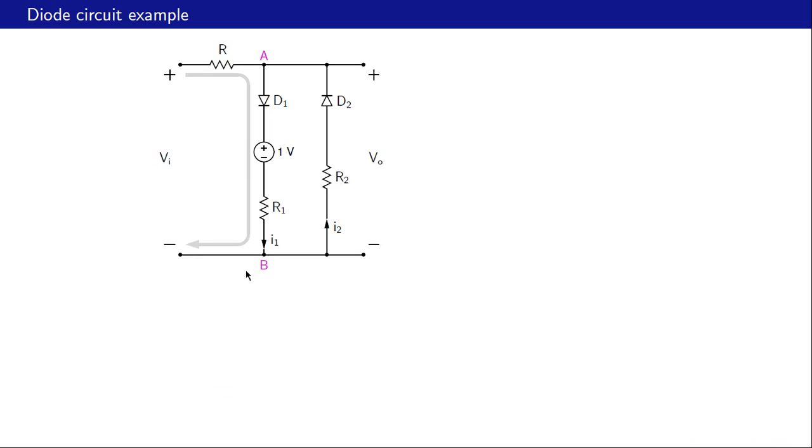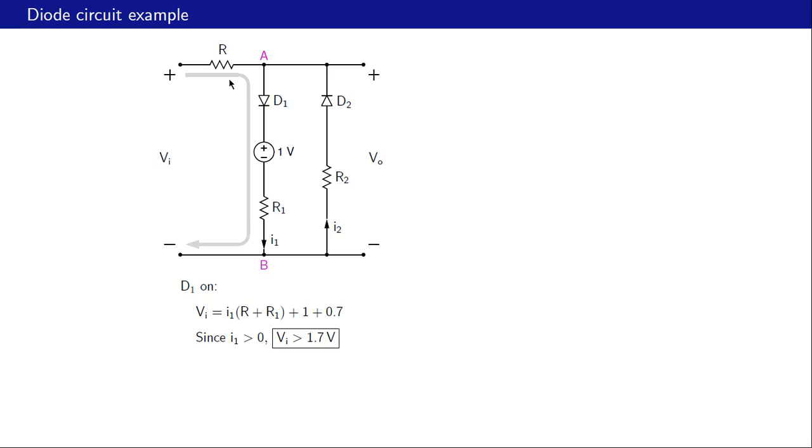Here is the case where D1 is conducting and D2 is not conducting, and then the current path is like that. And in this situation, the input voltage VI is given by KVL. It is equal to this voltage drop plus 0.7 plus 1 plus this voltage drop across R1.